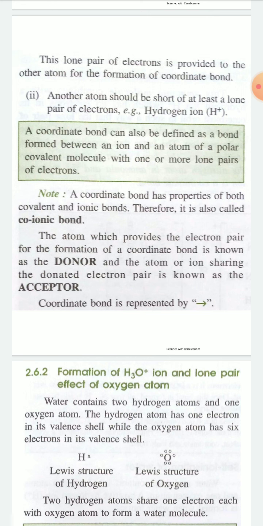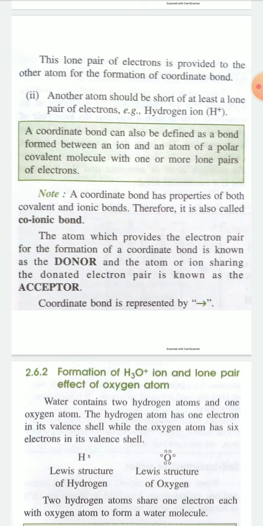The atom which provides the electron pair for the formation of a coordinate bond is known as the donor, and the atom or ion sharing the donated electron pair is known as the acceptor.